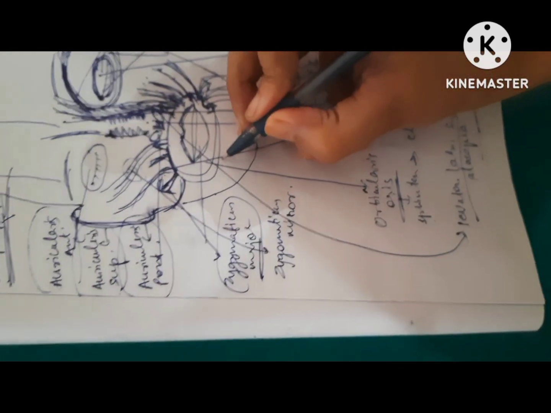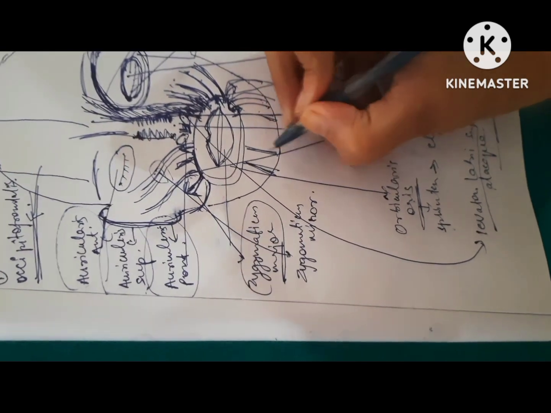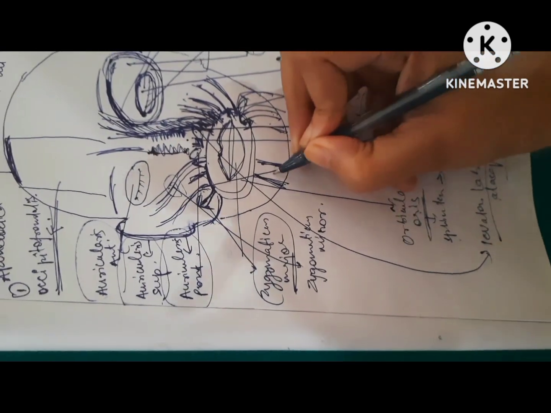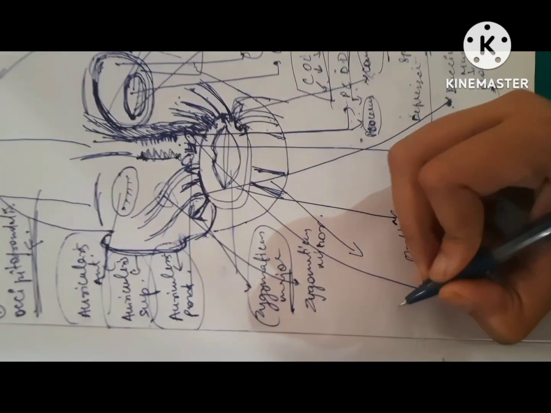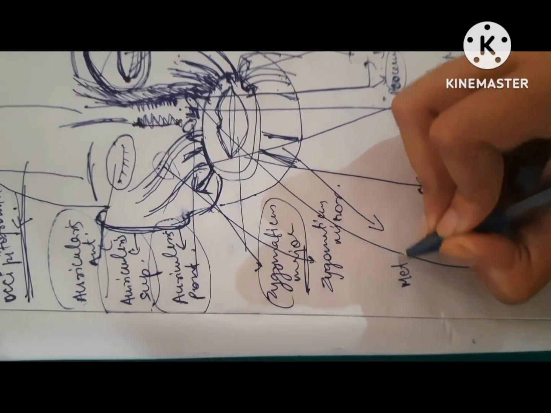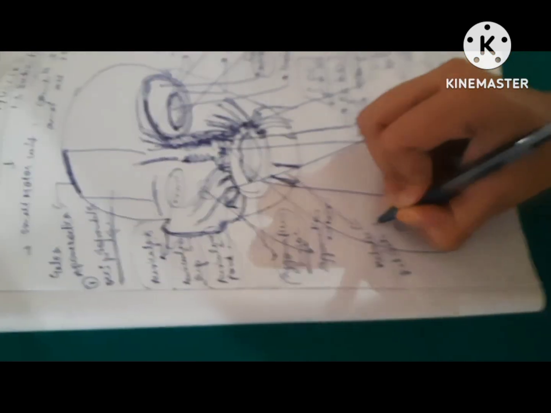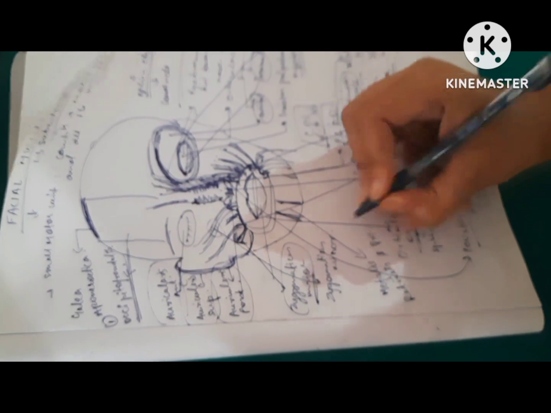Then we have the mentalis muscle. It originates from the incisive fossa. It retracts and protrudes the lower jaw.